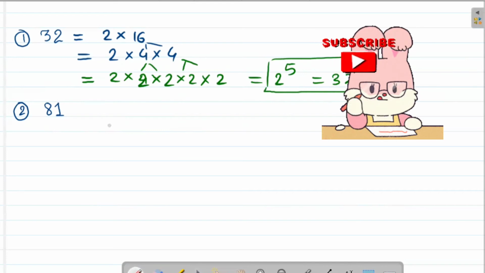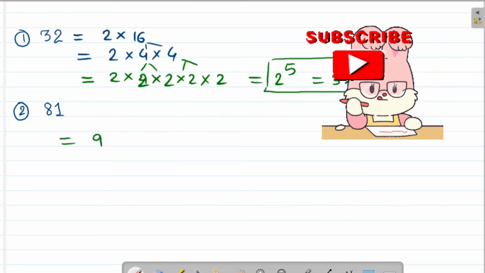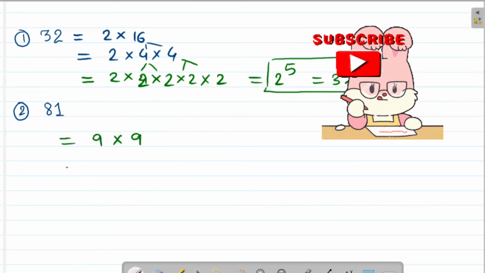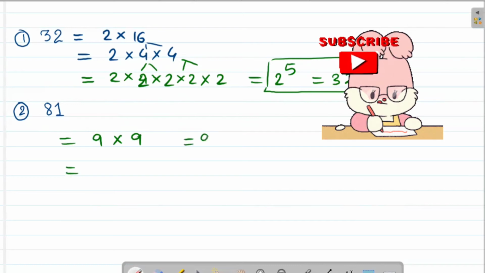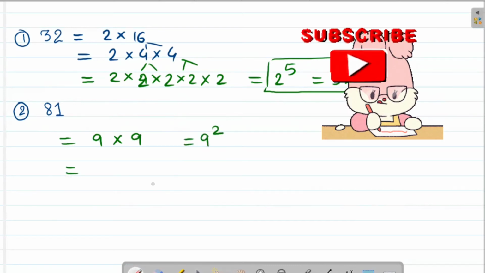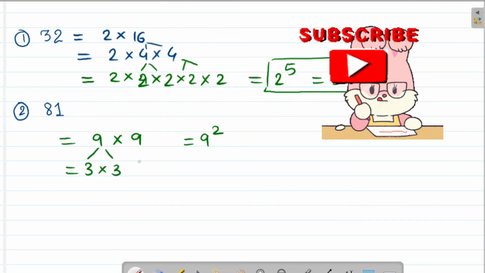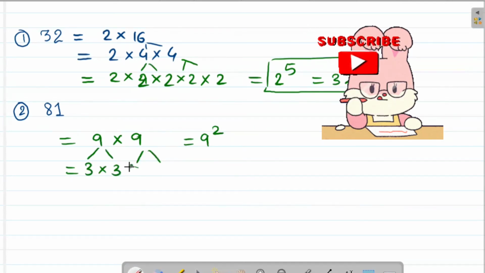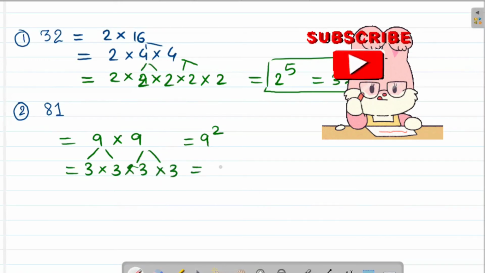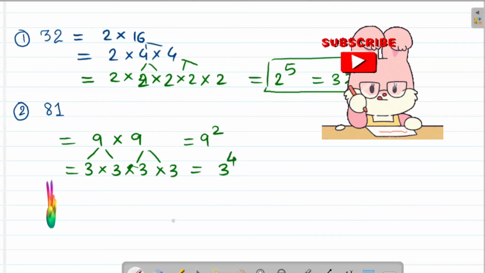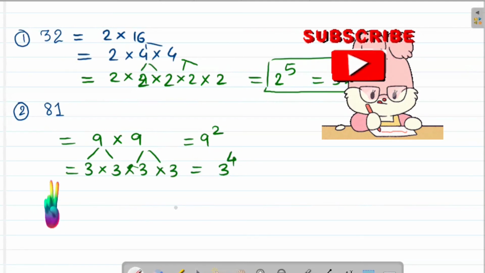In the same manner, we can find it for 81. Now we know 9 nines are 81. So I can write 9 squared also, because 9 is coming 2 times. Or 9 can be further divisible, that is 3 threes are 9. So you can factorize it into its prime factors also. So how many times does my 3 come? That is 4 times.